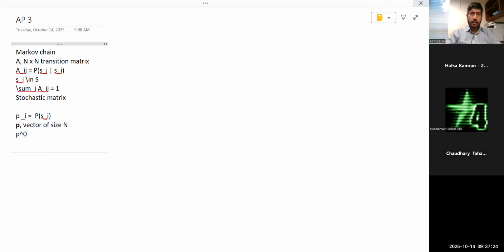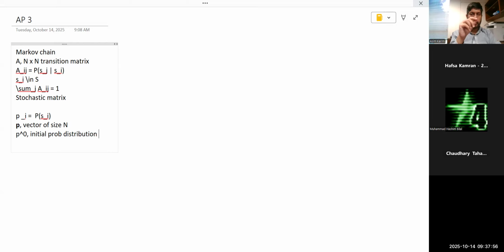So this is the initial probability distribution. This is the probability that at the start of the Markov chain, you will find this particular state. And of course, this is a distribution, and as it is a distribution, this also should sum to 1.